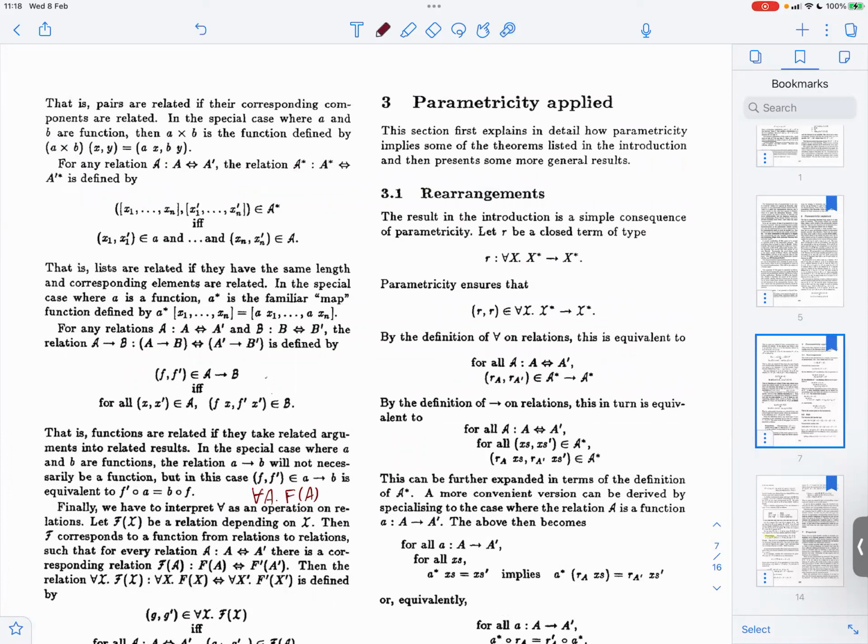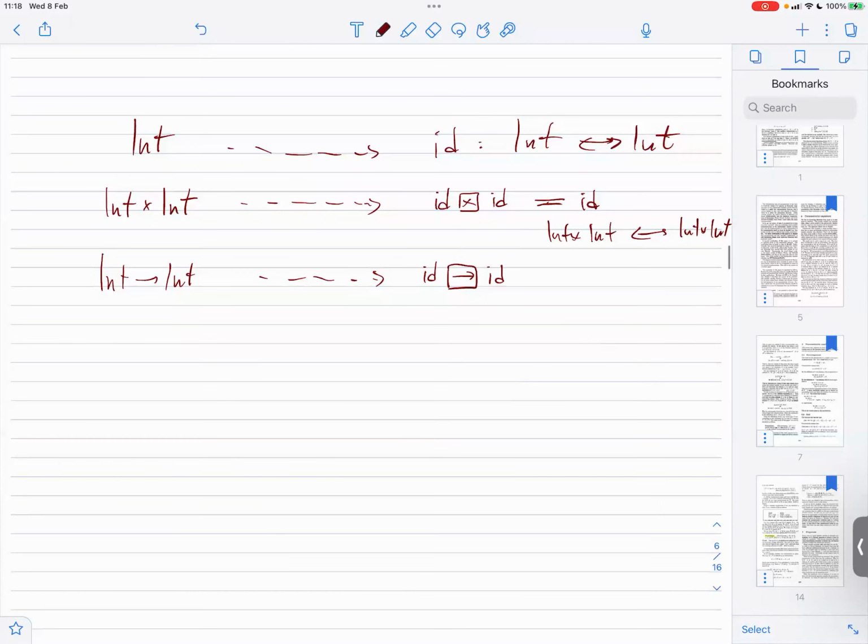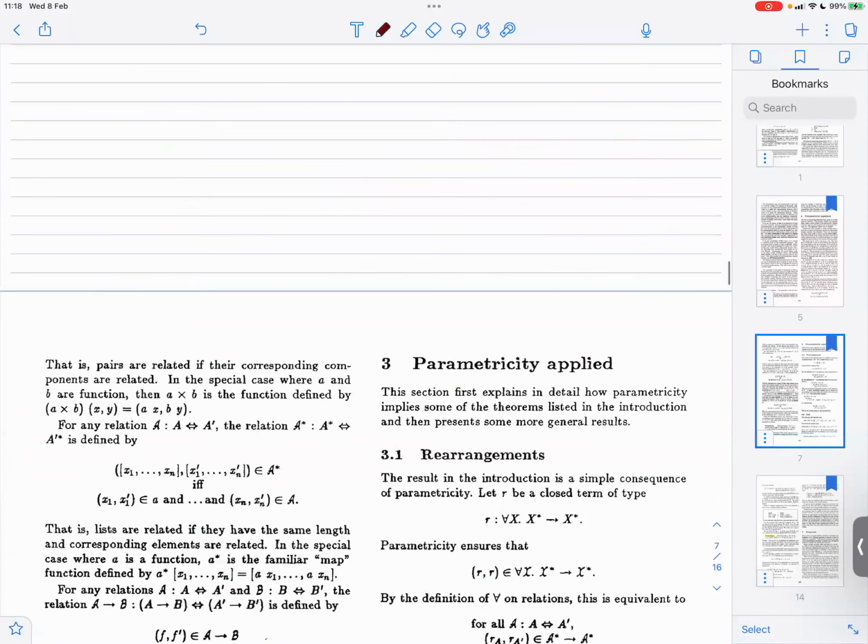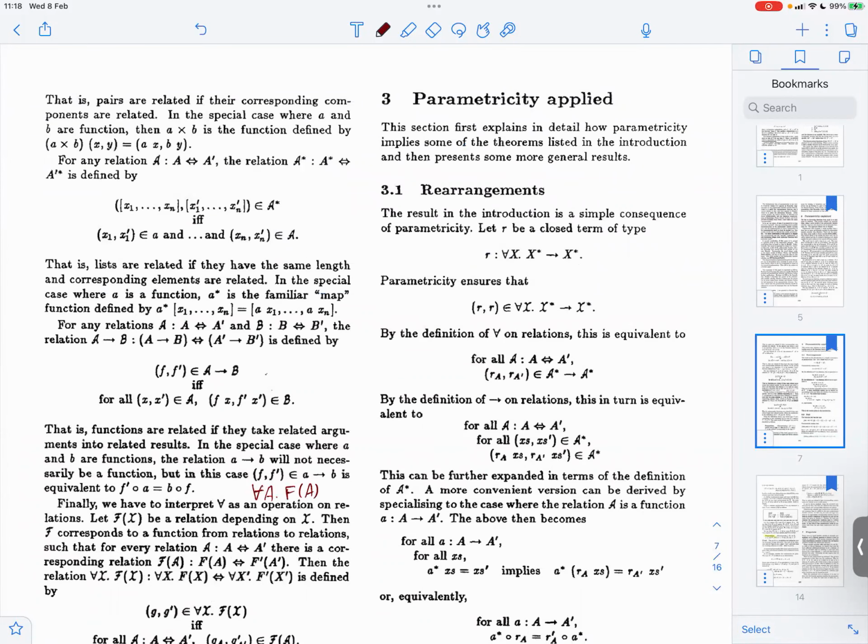So I just put a box around that to be a little more clear, but that doesn't matter. Again, that is going to be an identity relation between functions int and functions int, because if you translate the definition of the function construction here, functions are related when for all related arguments, the results are related.